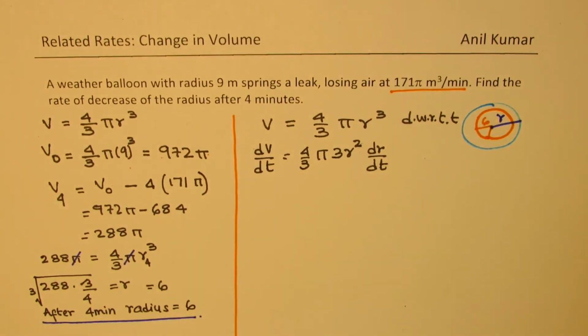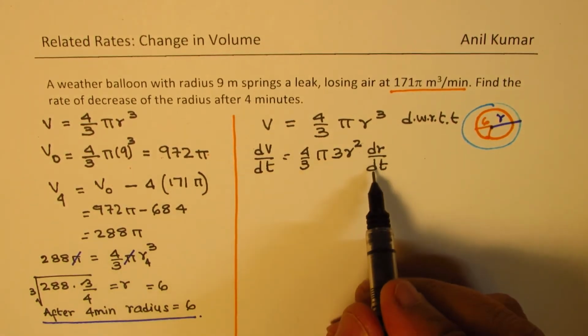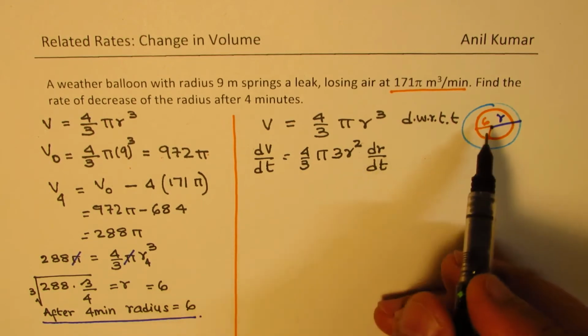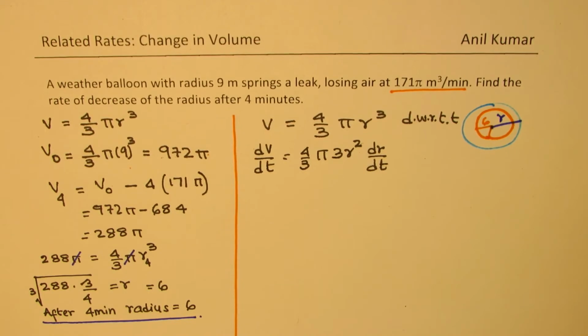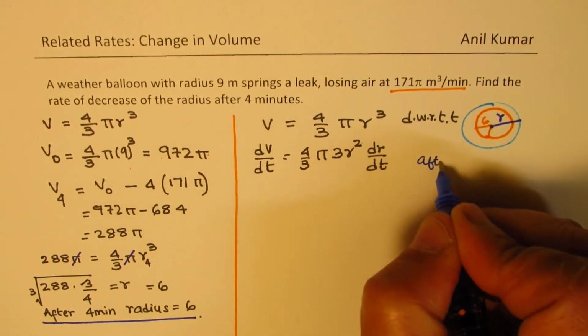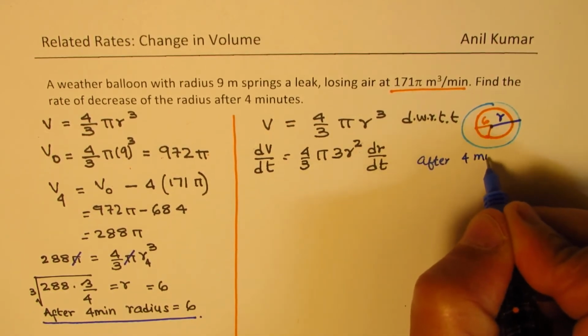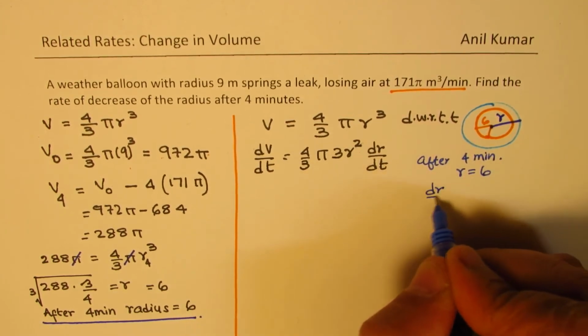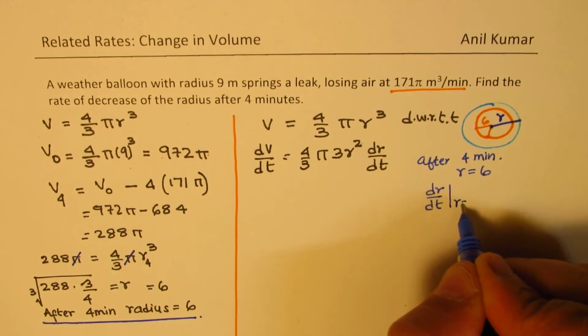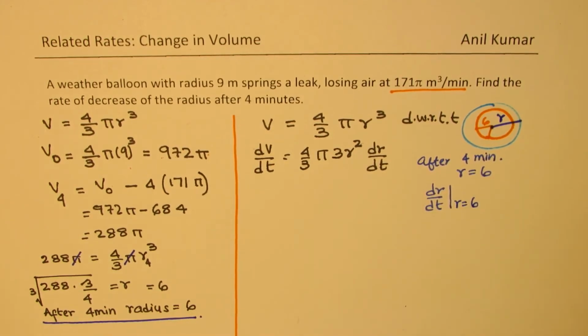Differentiating with respect to time. Now we need to find dr/dt when r is 6, that is after 4 minutes. Since we have learned that after 4 minutes, r equals 6, we'll find dr/dt when r equals 6, correct?